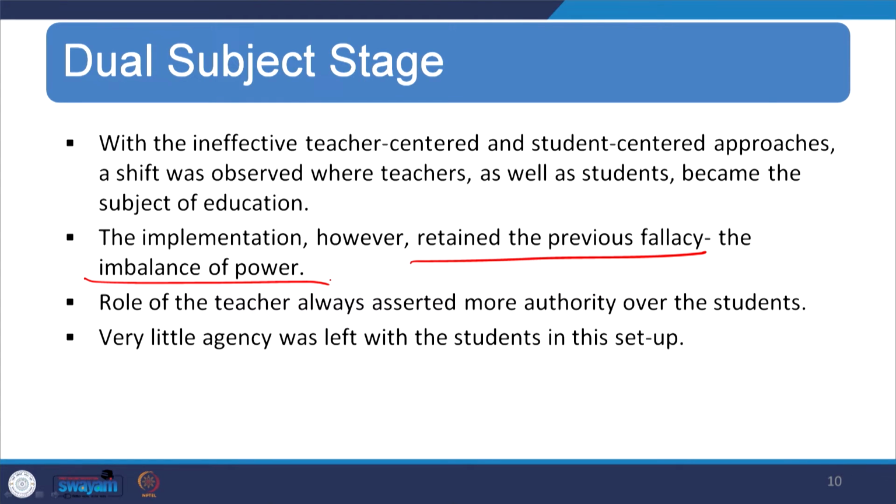It was very difficult, and the role of the teacher always asserted more authority over the students, even if they were given a little bit of space, and you wanted a dual space for them and democracy to be there, but then very little agency was left with students in this setup.